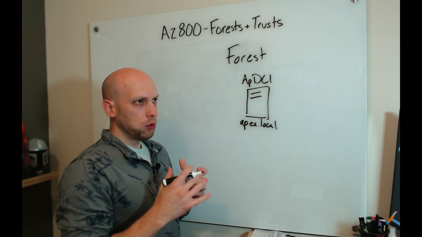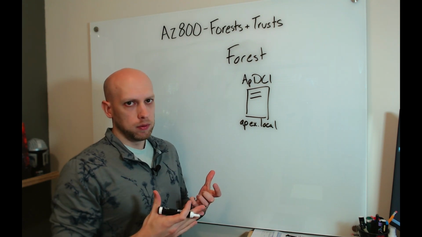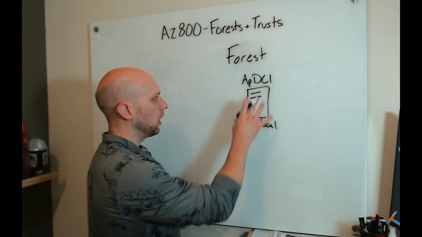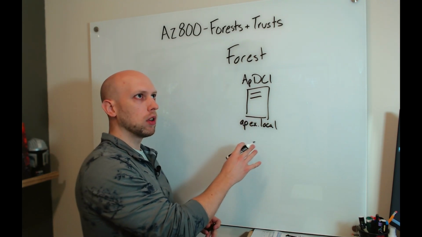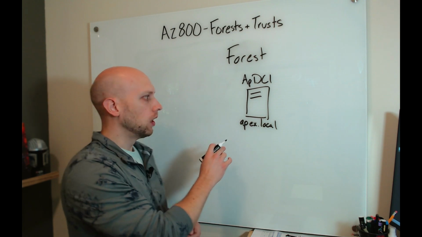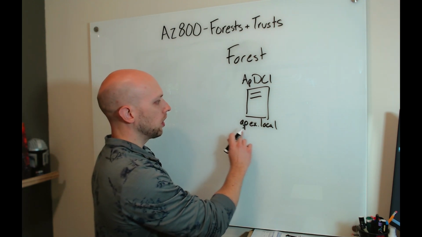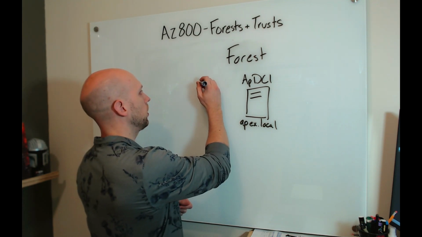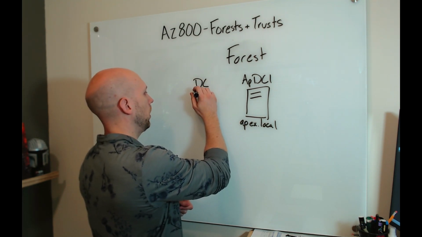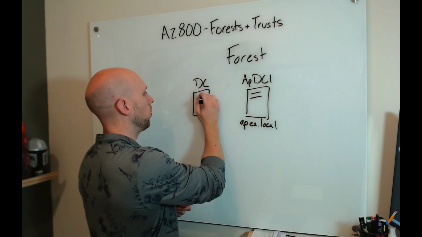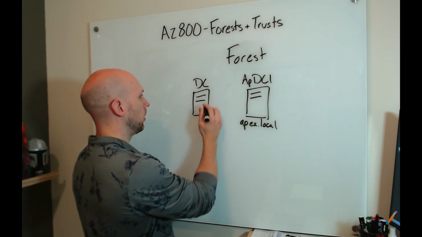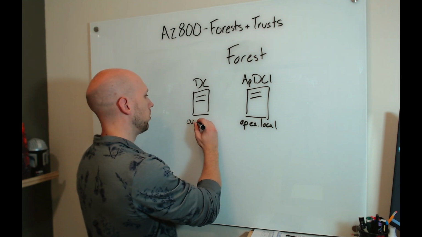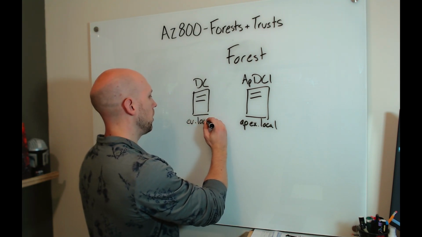Now, the first way that you can set up a forest, which makes really no sense at all, is in your forest, you can have what's called a second tree domain. The tree domain is going to be a completely separate domain name from your root domain. So in this case, if you were doing a tree domain, you'd have a second DC, and that would be called something like, we're going to call it eu.local.